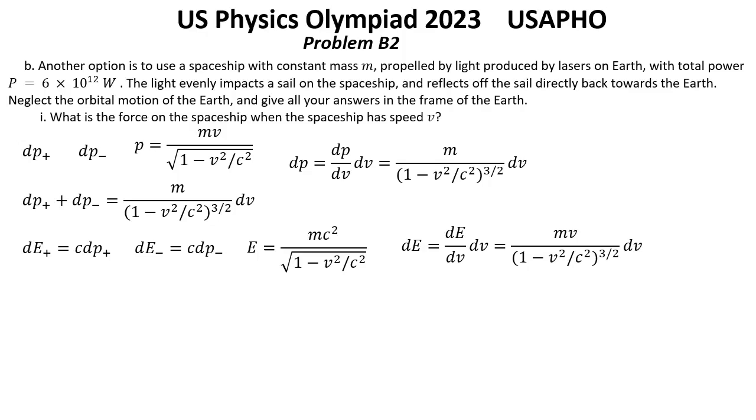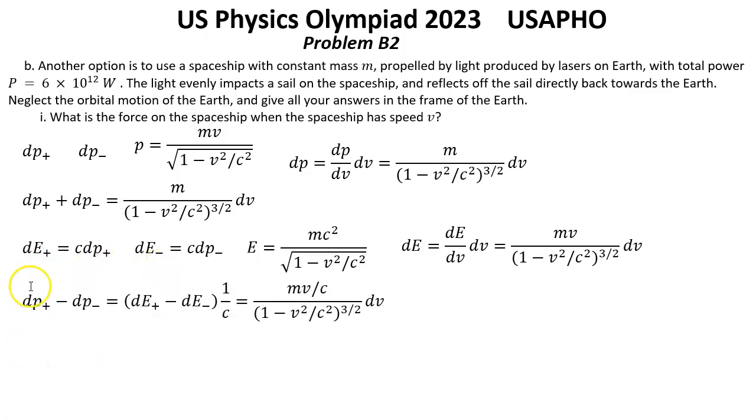It means that the change of energy was dE over dv multiplied by delta v, which is this expression. And this change of energy equals the energy difference between delta E plus and delta E minus. So using these two expressions for the change of energy, we can express them through the momentum difference, which is this one.